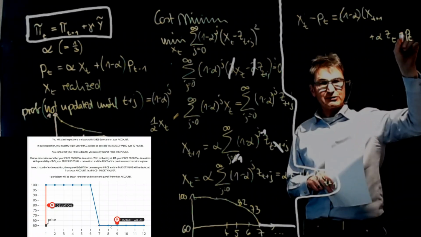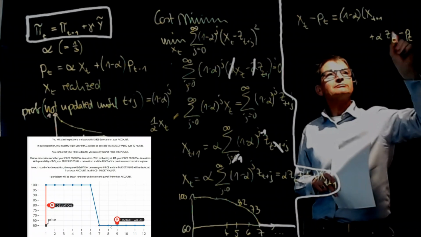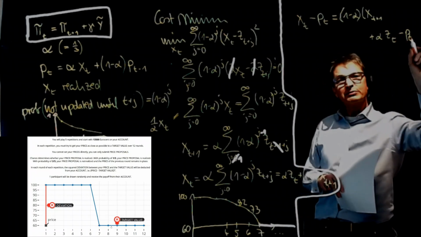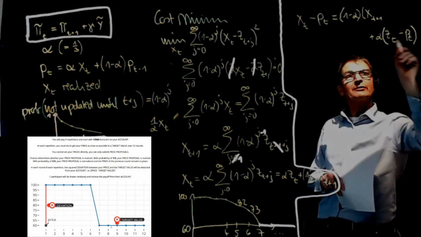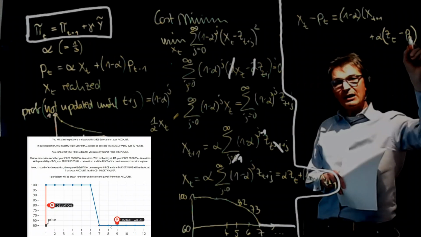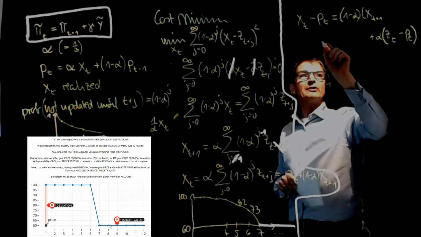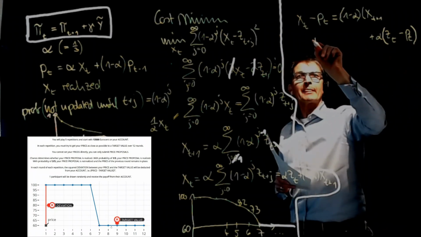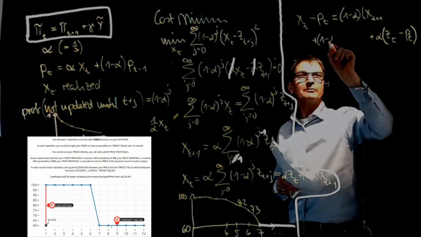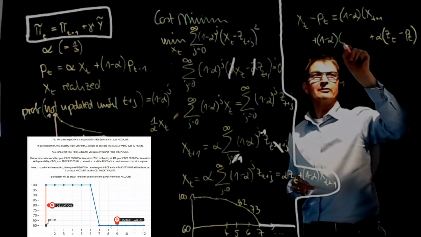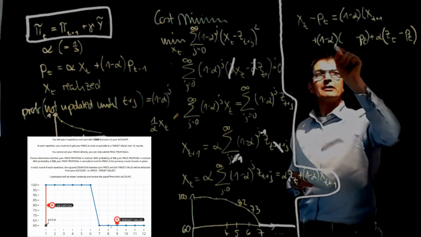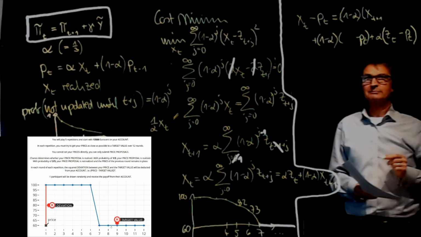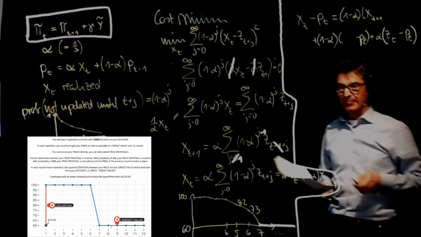Now, I've subtracted that here, but I would like to link this price level to the target. So I put this in brackets, but then I have only subtracted alpha times P_t. So what I have to do is subtract the rest as well. So I have plus (1 minus alpha) minus P_t here. Okay?